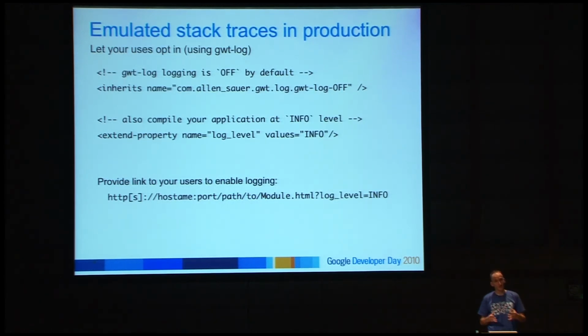Now, your users by default will have logging turned off, so they won't pay the penalty. But if you want to debug something, you can provide them a special URL with the log level parameter, and they will get a different version of your application with the logging statements. You can do this with any level: debug, warn, error, etc.